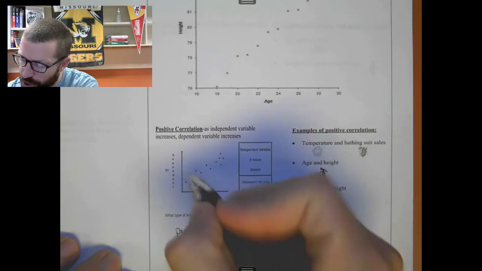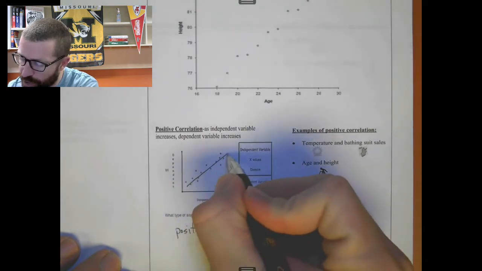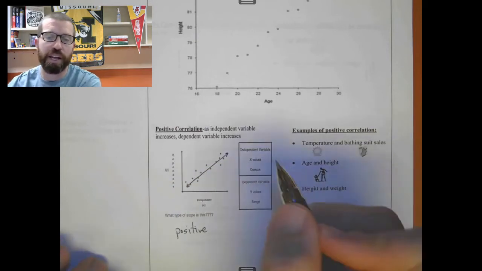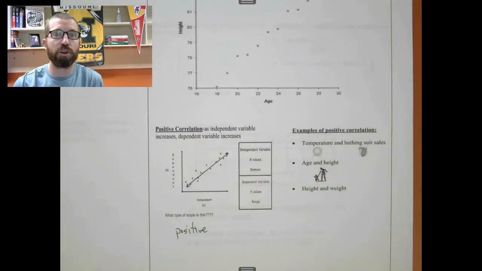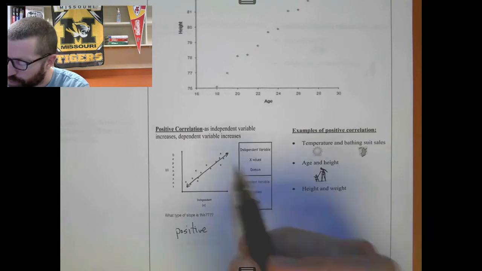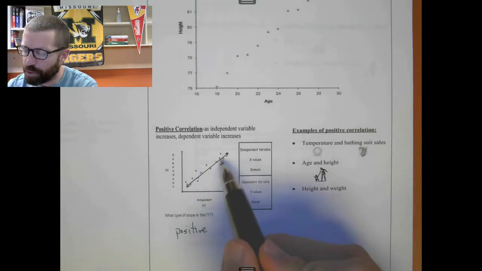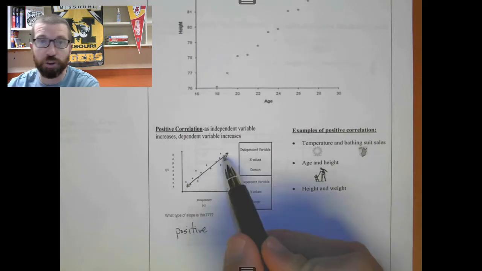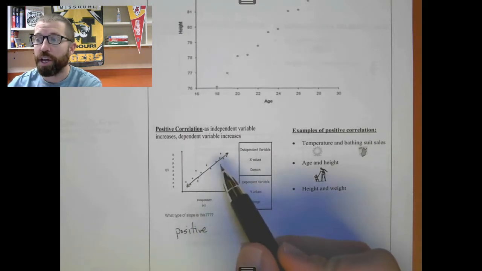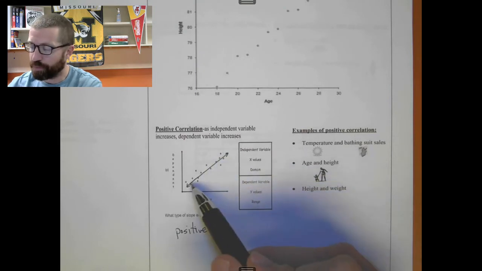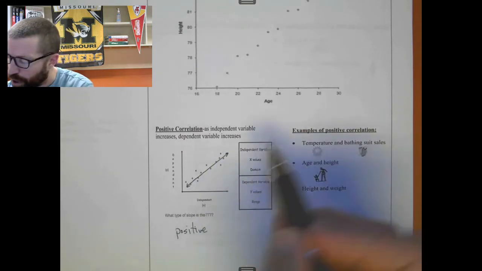If the line you draw through the data is pretty close to all the data, and there are more technical ways of defining that than just pretty close, but that's all we're going to say right now as we introduce this idea. So if all these points are pretty close to the line, and it has a positive slope, we can say there's some correlation, and the type of correlation is positive.